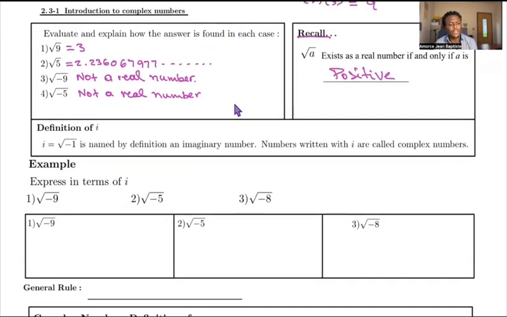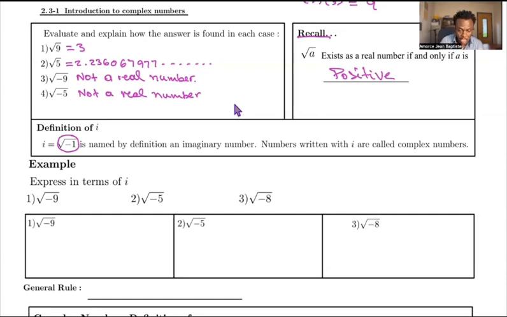Now let's talk about the definition of i. i becomes the next element in mathematics that I'm going to introduce to you. i equals the square root of -1. i is that weird number, we can say, that is the square root of a negative number.